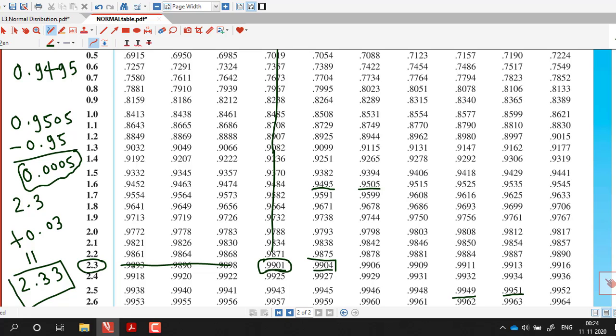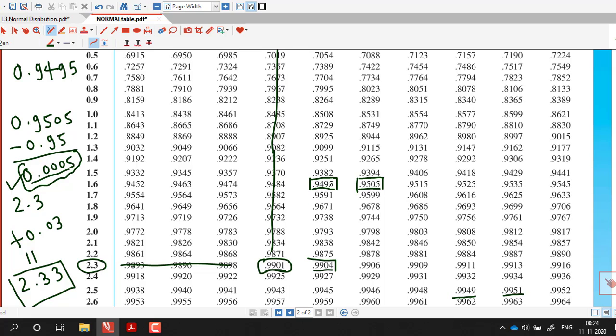So both the entries are closest to 0.95. Difference between 0.9495 and 0.95 is also 0.0005, and difference between 0.9505 and 0.95 is also 0.0005. So both the entries are closest to 0.95.